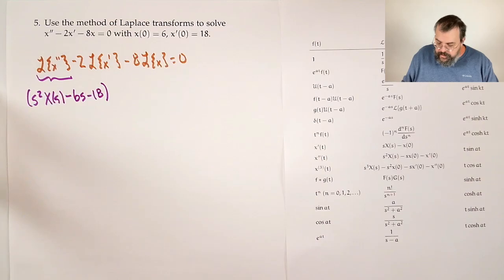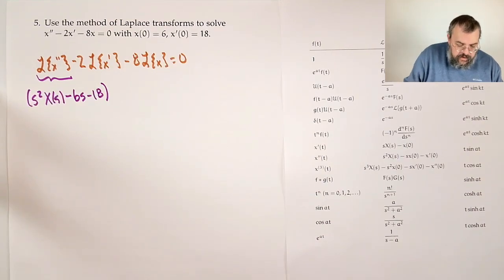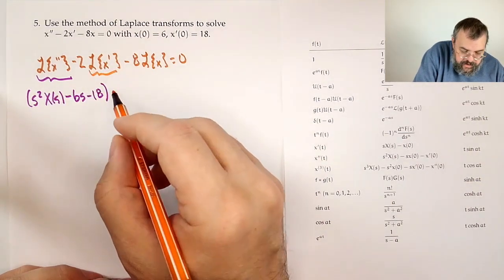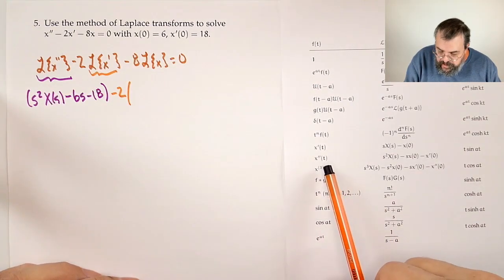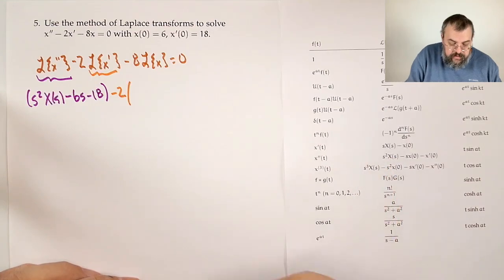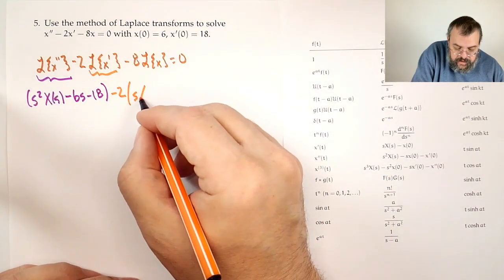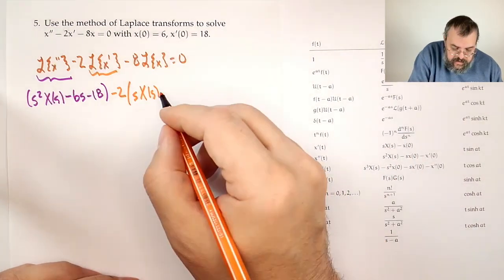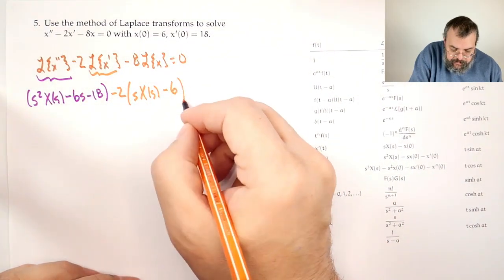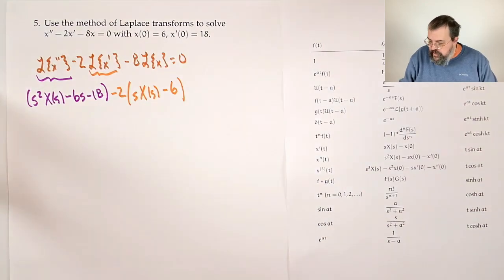And now we go to our second piece. So we're going to subtract 2 times, and what do we do here? Well, it's s X of s, and then subtract x of 0, minus 6. All right, great.